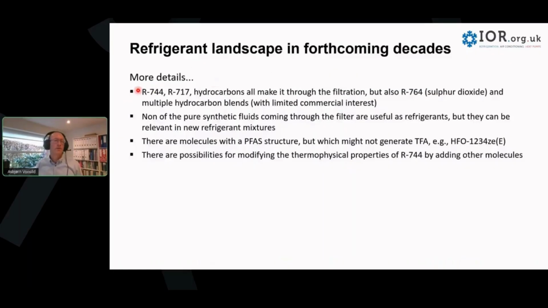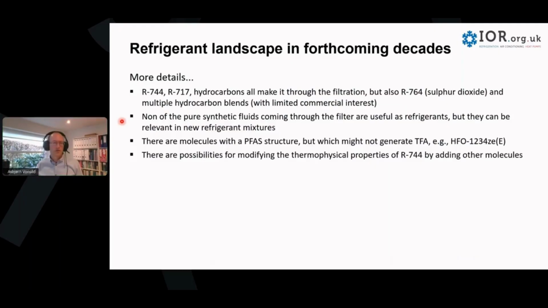Then we have all the hydrocarbons, or you can say the natural refrigerants, make it through the filtration. But we also find stuff like sulfur dioxide and multiple hydrocarbon blends that are not really interesting from a commercial point of view. If we look at the pure synthetic fluids, none of them are really useful as refrigerants, but they can be relevant in new mixtures.